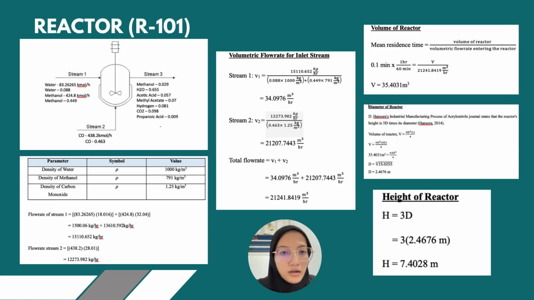So next, for the volume of the reactor, I use the formula of mean residence time equals to volume of reactor over volumetric flow rate entering the reactor. So for the residence time, I find the residence time from the article, which is 0.1 minute, and then I change it to hour, and then I find the volume, and the total volume that we got is 35.4031 meter cube.